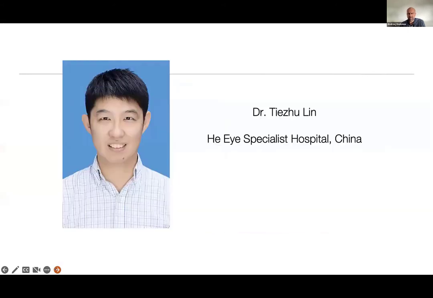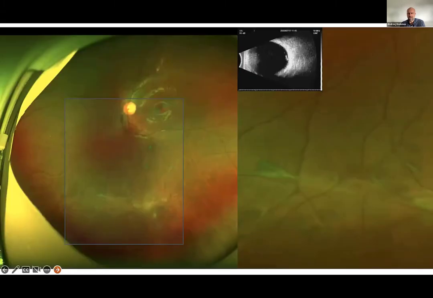So we're very happy to see Dr. Tiezhu Lin speaking about wide field imaging and wide field fundus photography, and we'll be delighted to see Optos images to understand better the distances between specific floaters and how they can be seen after treatment.